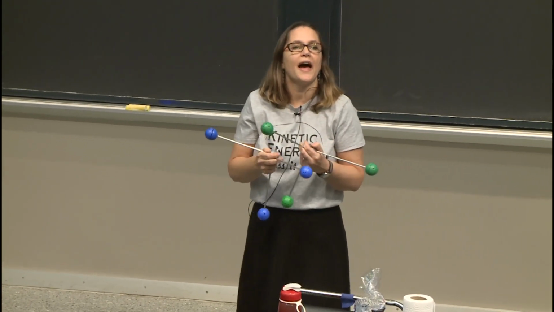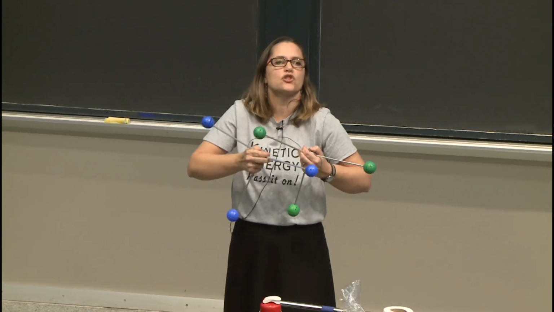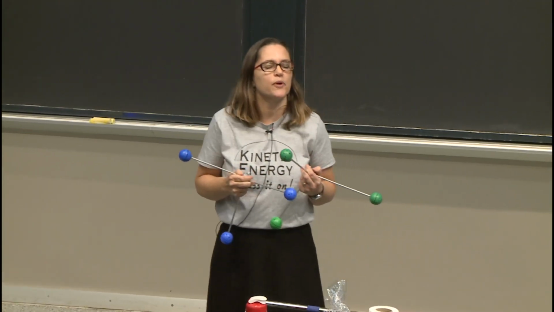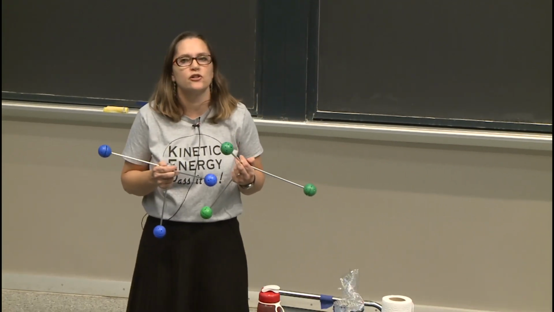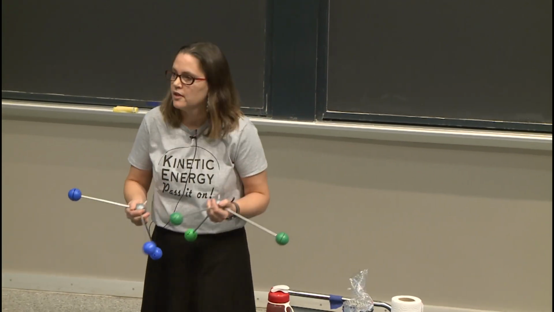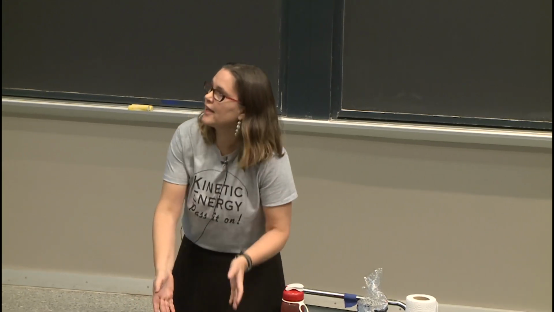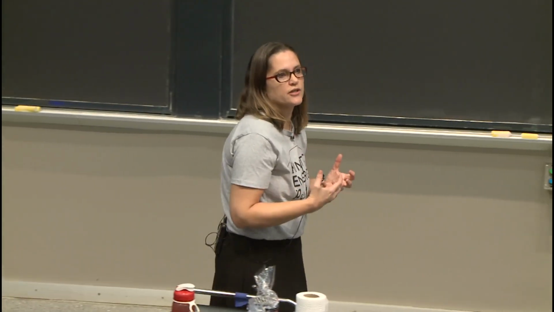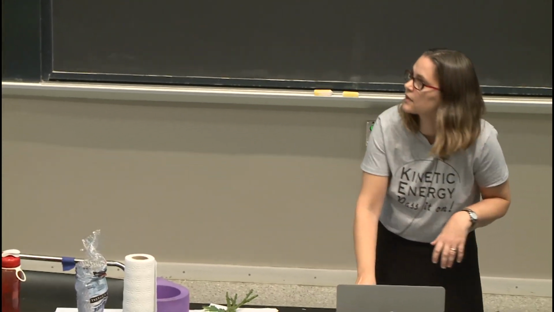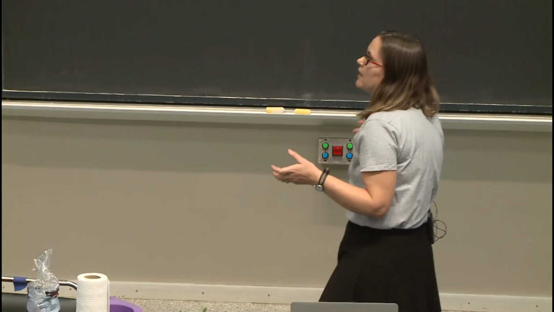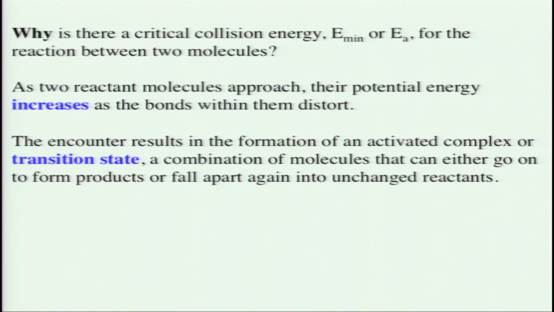And while that is occurring, while there's distortion of the bond, or bonds are breaking, you need to have some potential energy to do that. You need some energy to make that reaction go. So the potential energy of the system increases first while these distortions are happening.